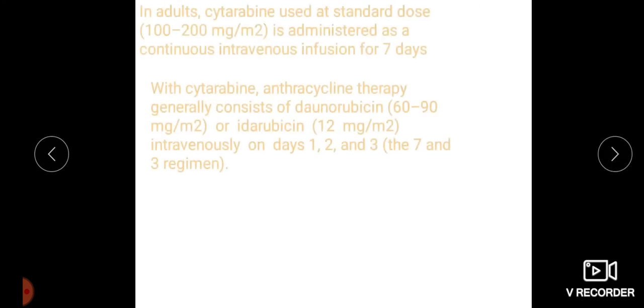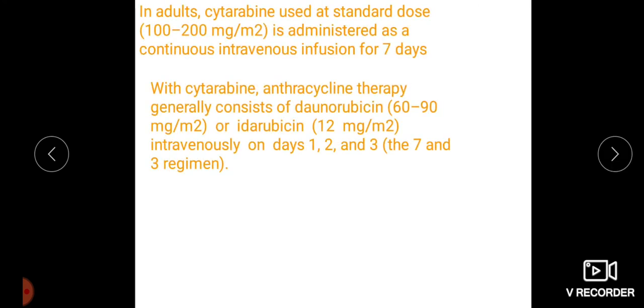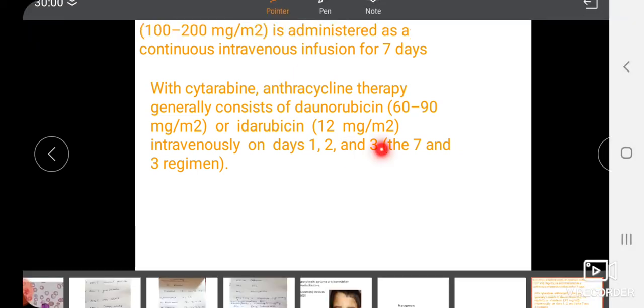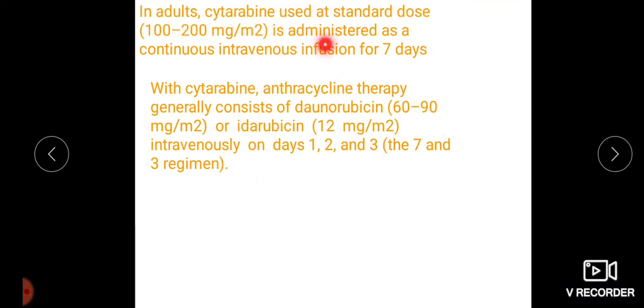Now what is the management? Management is cytarabine 100 to 200 mg per square meter, continuous intravenous infusion for 7 days, with anthracycline therapy, daunorubicin or idarubicin, on days 1, 2 and 3. This is called the 7-3 regimen.